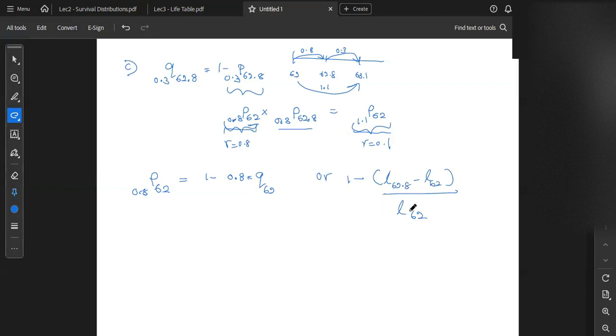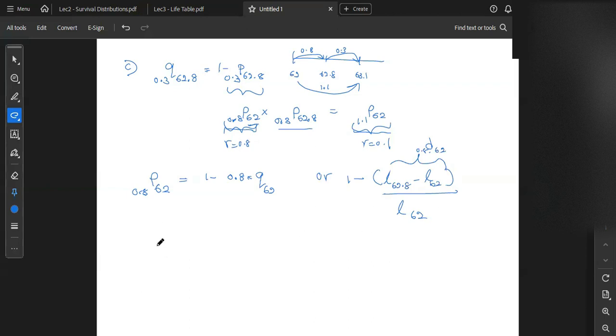So this is a possible way of finding D62.8. So we can find this probability directly.